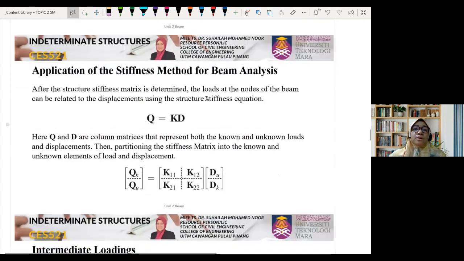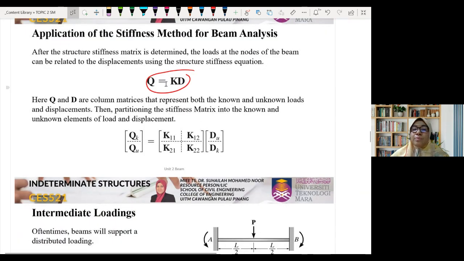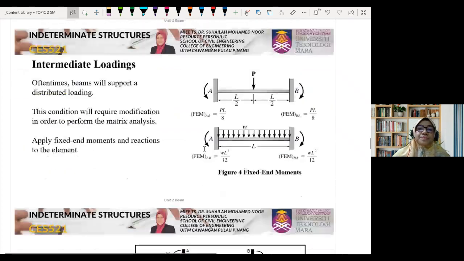So we now move to the application of the stiffness method for beam analysis. We have this as the force-displacement equation, and it will be divided into Qk and Qu. K and U represent the unconstrained and constrained systems.